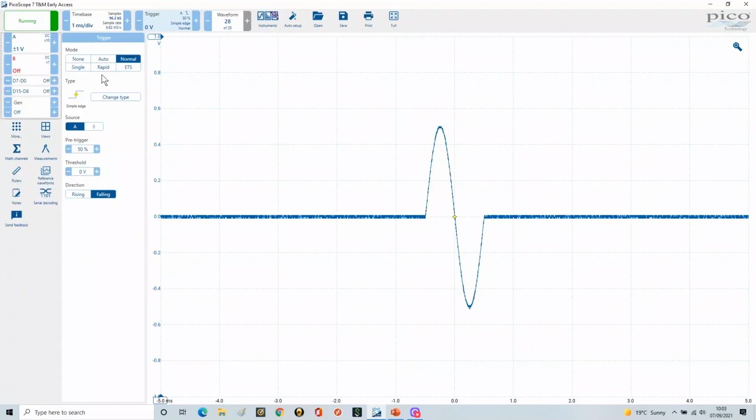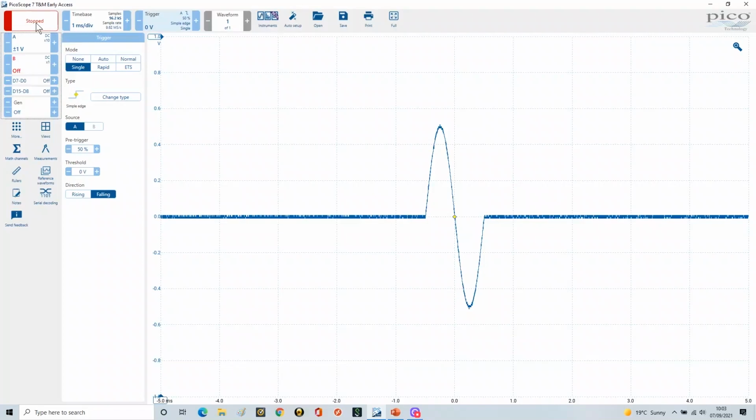So what I'm going to do is put this onto single like this, and now you will see it's captured an event, but you'll see in the top left hand side it said stopped, and this means that this will not trigger again until you arm the triggering circuit. Now I'm going to change the number of cycles here to 3 and enter, and now you'll see that nothing's changed on this screen because the triggering circuit has not been armed.